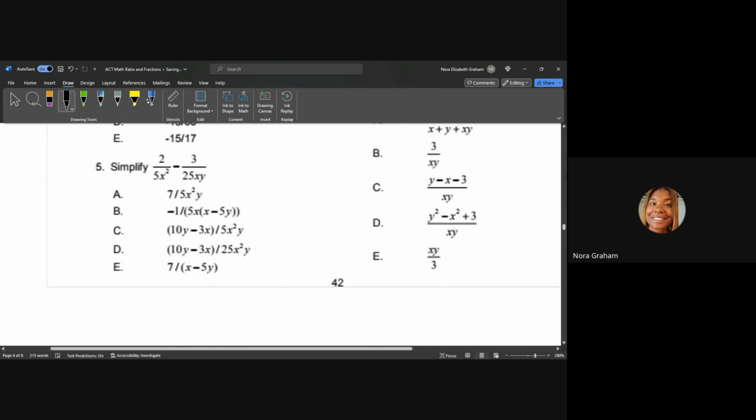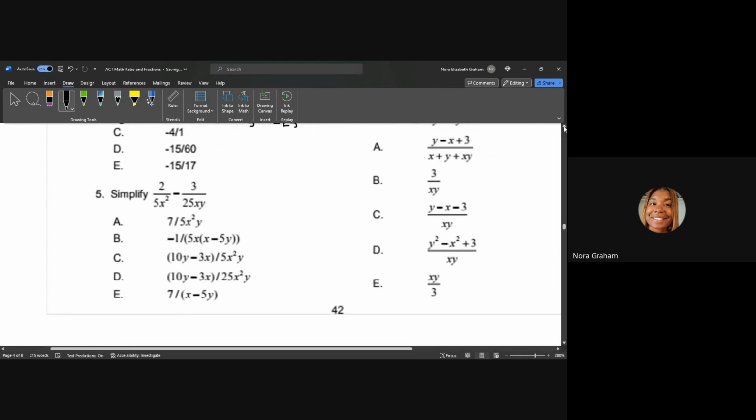Number 5, we're simplifying down. Now this is where we want to keep the logic of multiplying fractions. So for the common denominator for this one, let's multiply our denominators together and then use the cross method, just like I did in those examples.